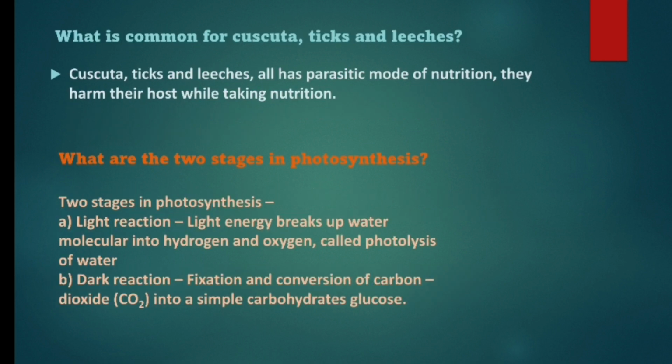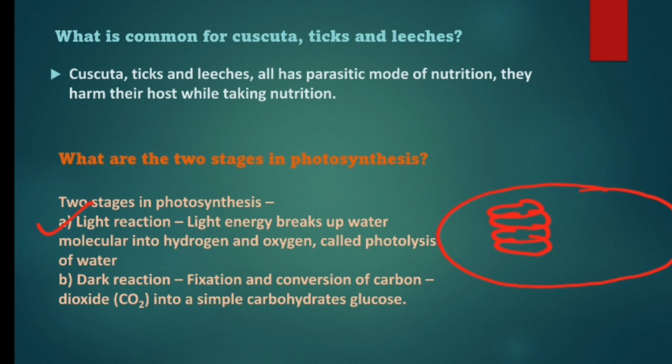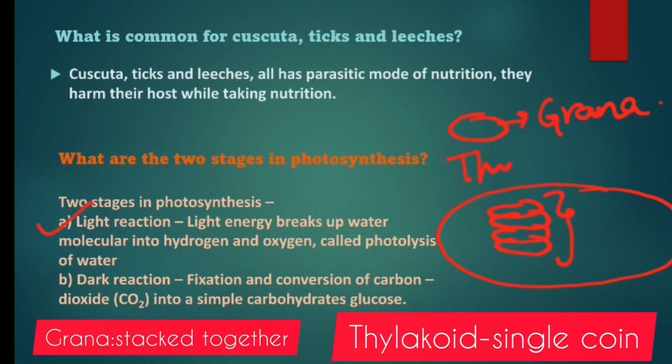You have studied that in the structure of chloroplast, there are small coin-like structures, and a single coin-like structure is called a granum. These stacked together are called a thylakoid.